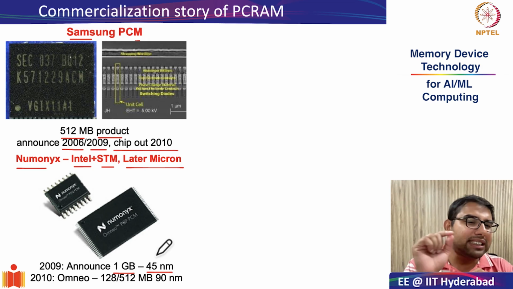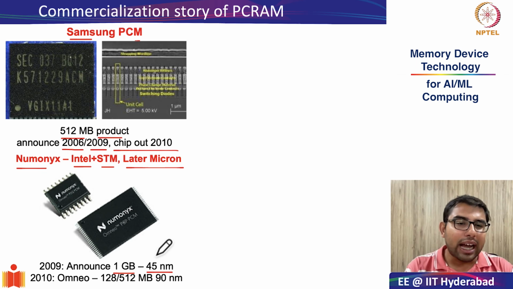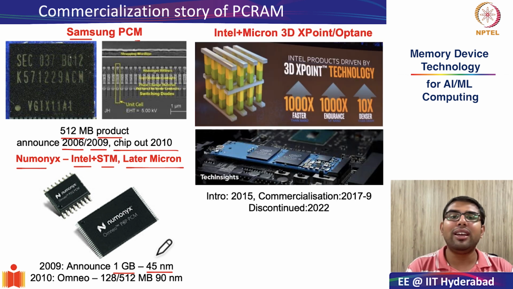So all of this is indicating one thing, that maybe when you start integrating PCRAMs in large scale chips, the device yield that you get is not as good, or maybe the cost is not very favorable. But the starkest story comes from the joint collaboration between Intel and Micron.